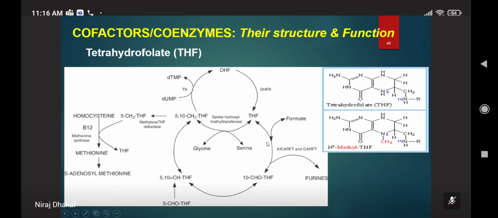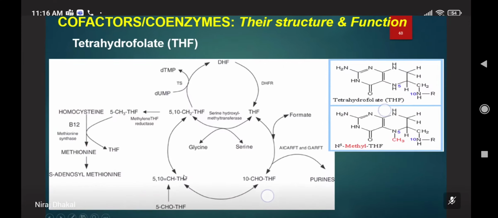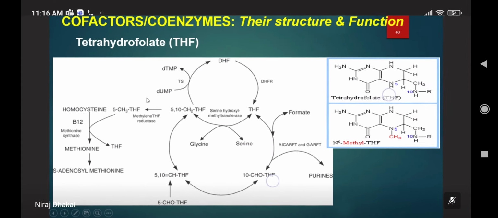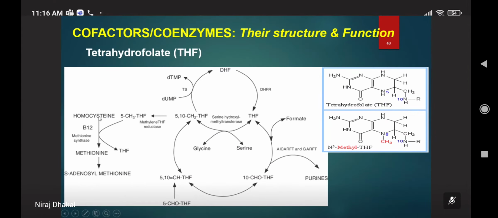This diagram shows the involvement of tetrahydrofolate in different biochemical reactions, which I have just told you in the previous slide. For example, in this diagram there are different tetrahydrofolates carrying different 1 carbon units. During the conversion of homocysteine to methionine, there is requirement of tetrahydrofolate.